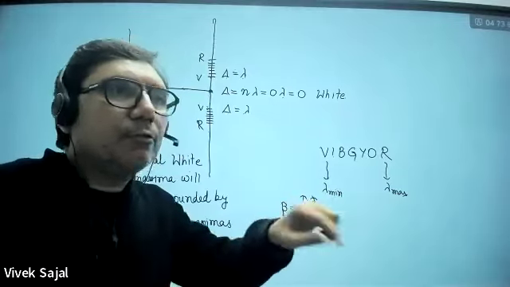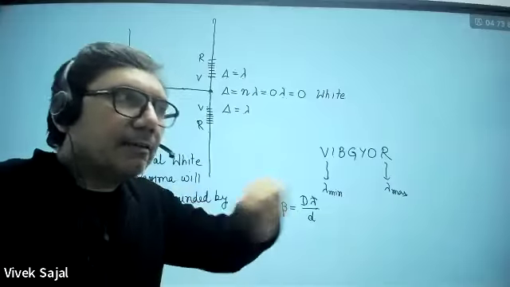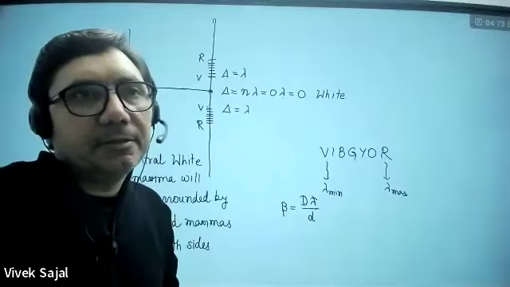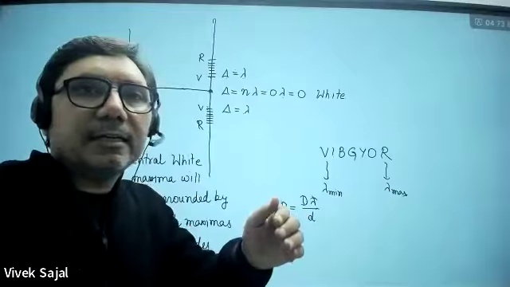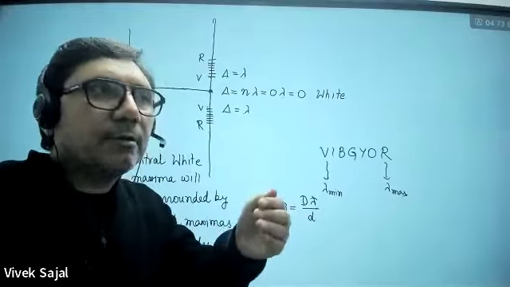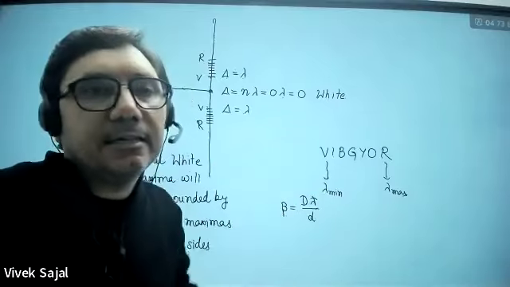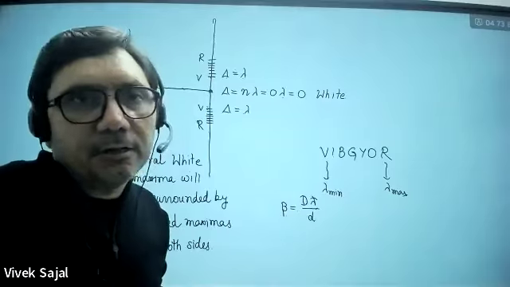And because you are using monochromatic light, the color will be the same. So you cannot find out which is the central maxima. By using monochromatic light, it is not possible to find out that this is the center of the screen and this is the central maxima or zeroth order maximum.